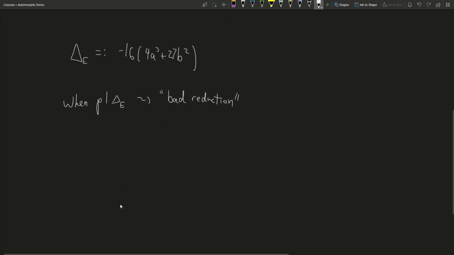So bad reduction comes in 2 forms when p is not 2 or 3. You have multiplicative reduction, and you have additive reduction.